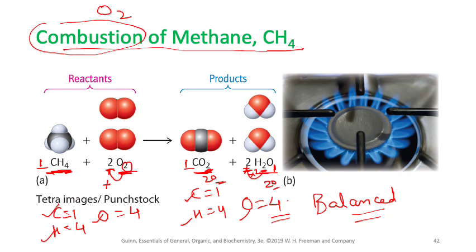So this equation we call a balanced equation. And then we're going to learn how you can balance an equation if the equation given to you is not balanced, so you have to do the balancing of the chemical reaction by yourself. We're going to learn about this balancing later on.